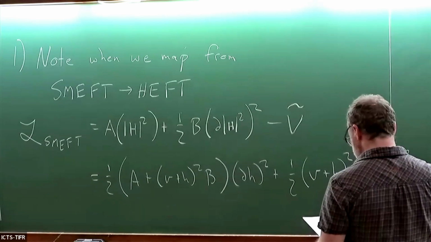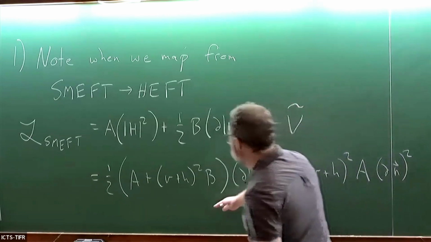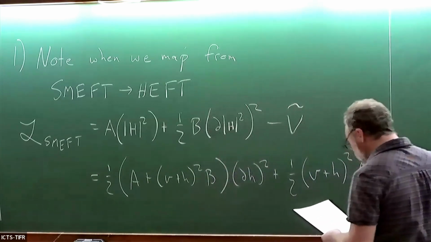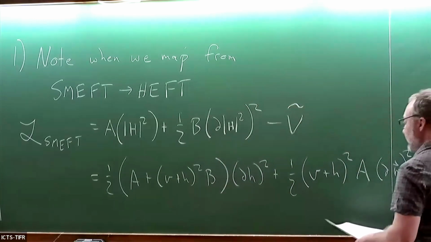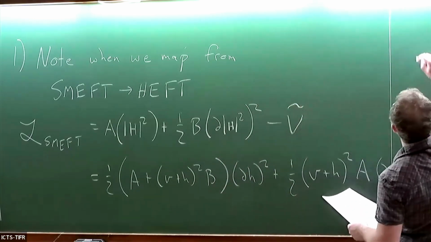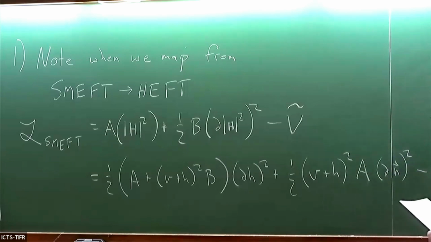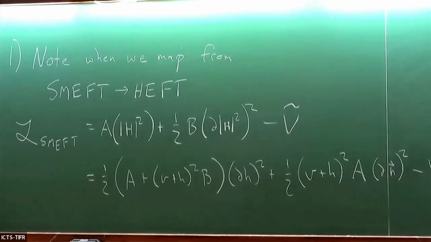Actually in this language, these are functions of little h, and then minus v. And then that lets us identify this k function, the one we write in HEFT, in terms of the SMEFT function.